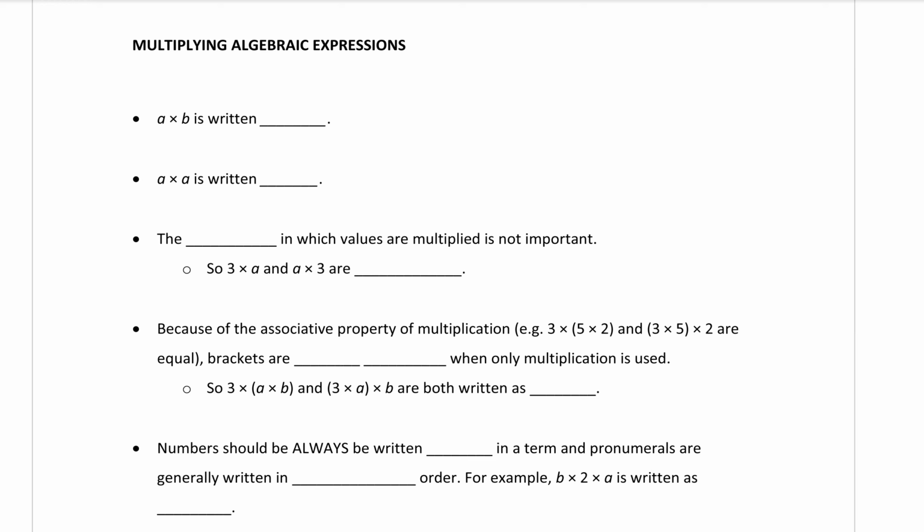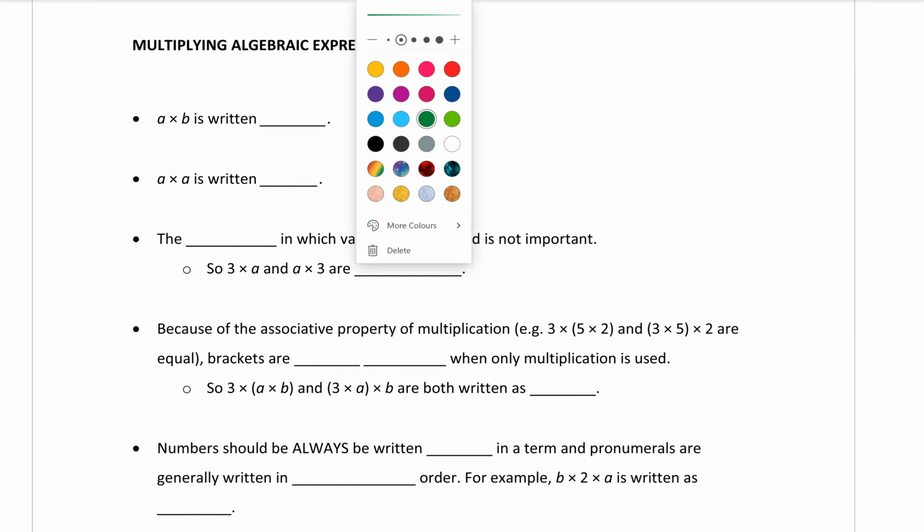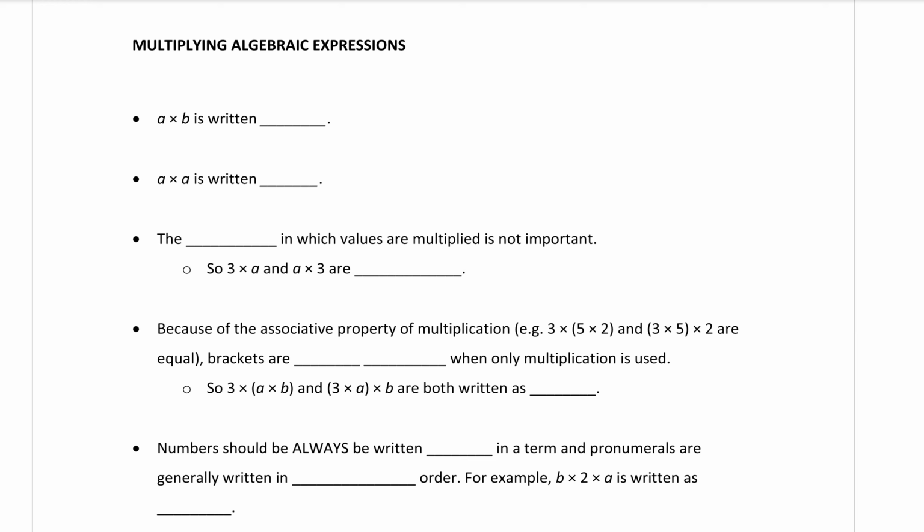So we already know that when we have a multiplication sign between two things, we prefer not to write a multiplication sign. Instead, we prefer to write them next to each other. So A times B is better written as AB.